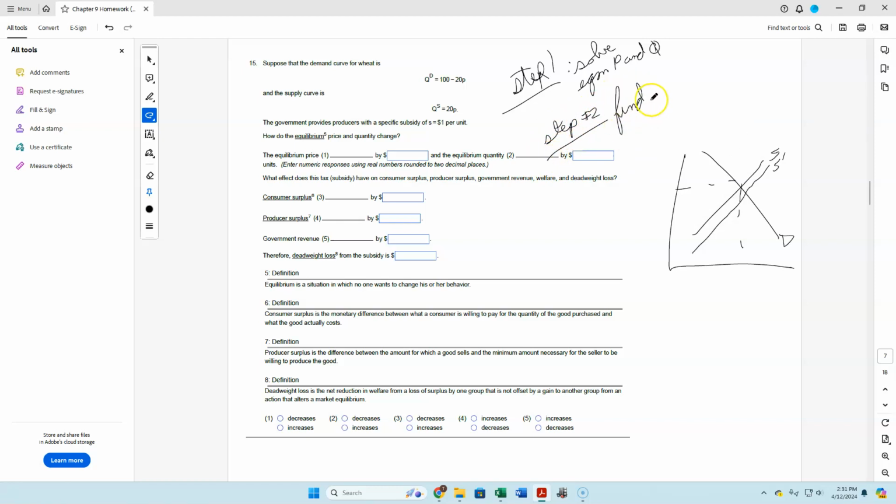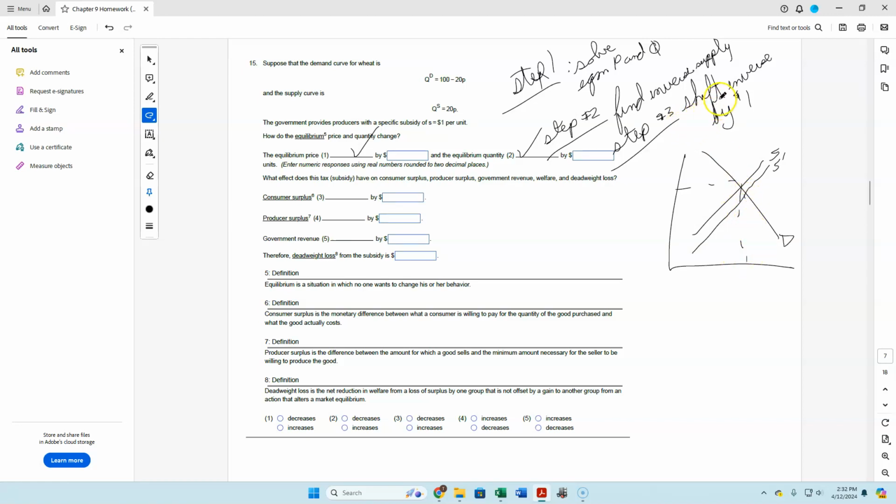Step number 2, find the inverse supply function. Why? Because in step 3, you're going to shift the inverse supply by $1. You're going to increase it by $1. So if you've done all these 3 steps, it's going to get you your equilibrium price. And then you're going to have to solve your consumer surplus, producer surplus, revenue, and deadweight loss by filling in all these parts of this graph that you've drawn here.